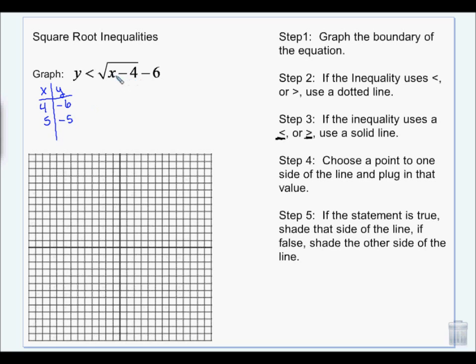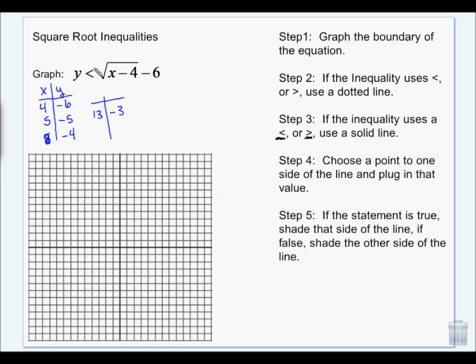If I want a 4, I'm going to plug in 8, which will give me the square root of 4, which is 2, minus 6 is negative 4. And then I'm just going to come over here. If I want a 9, I would plug in 13, which would give me the square root of 9, which is 3, minus 6, which is negative 3.